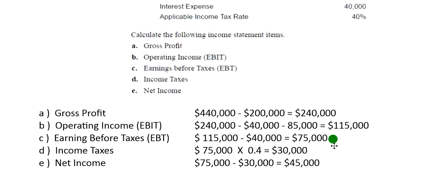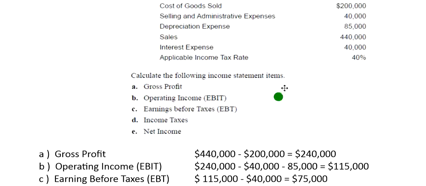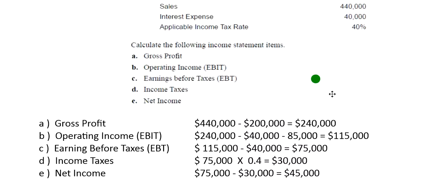Now we need to compute what our income taxes actually are, and that's simply by taking the tax rate, which is right here, 40%, and multiplying that by our earnings before taxes, which gives us the taxes that we have to pay, which is 30,000.